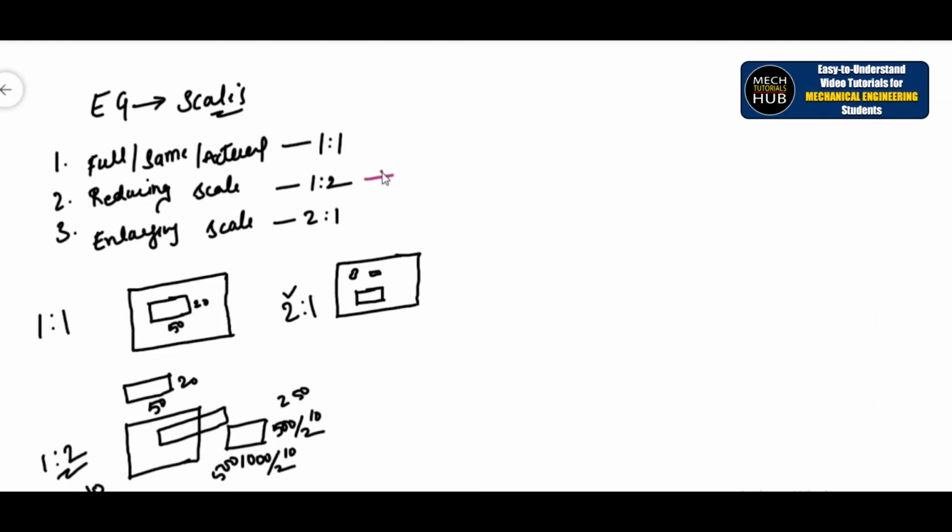But when it comes to the reducing scale, the best example is the eccentric, which is one of the assemblies of machine drawing components. Here this eccentric can't be drawn directly on a simple small sheet. Then we'll always try to reduce the scale.